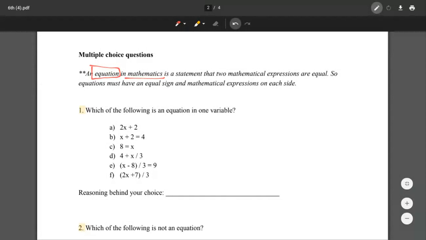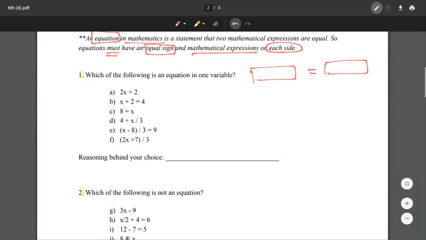Okay, so equations must have an equal sign and mathematical expressions on each side. Okay, so it must look like this. There's an expression, and then an equal sign, and then an expression.